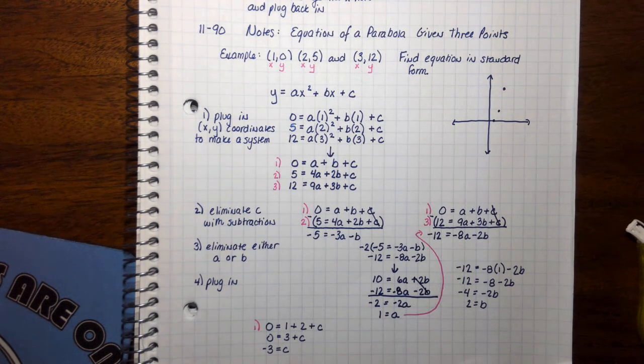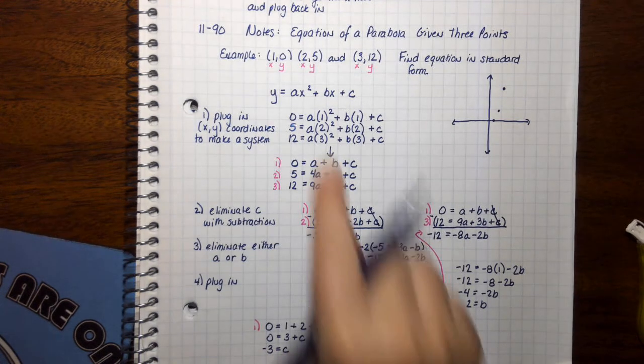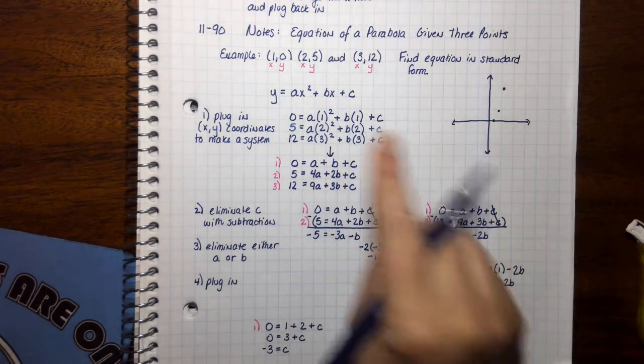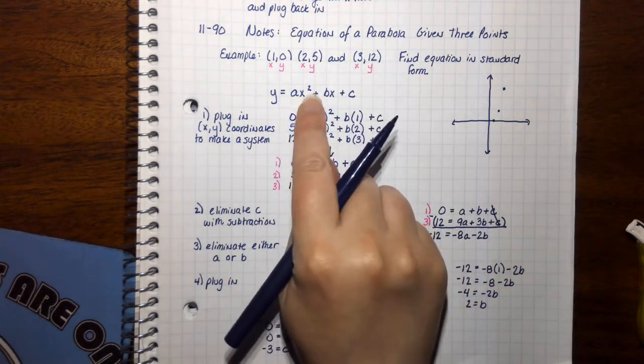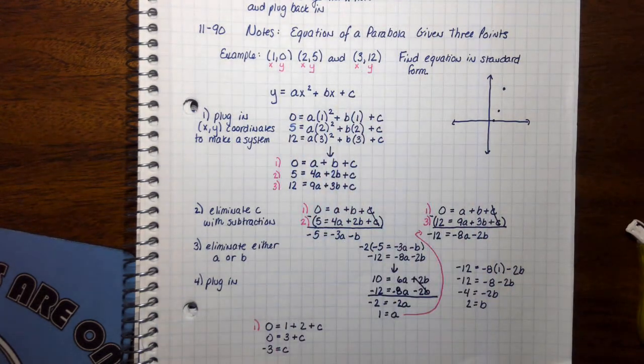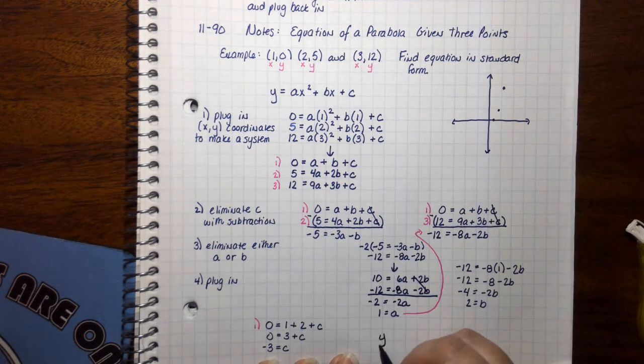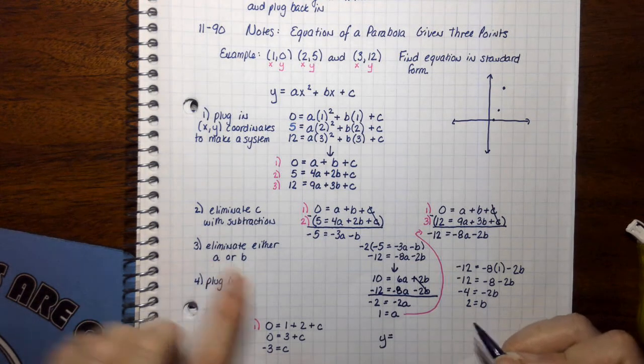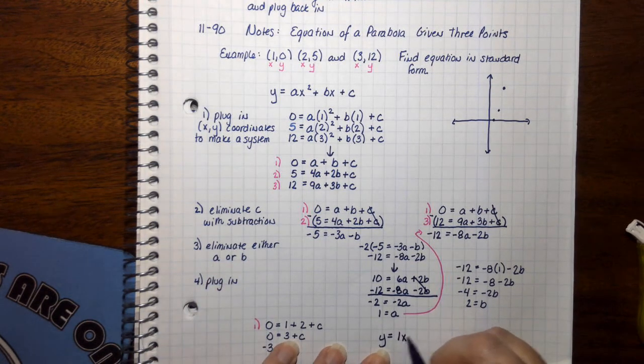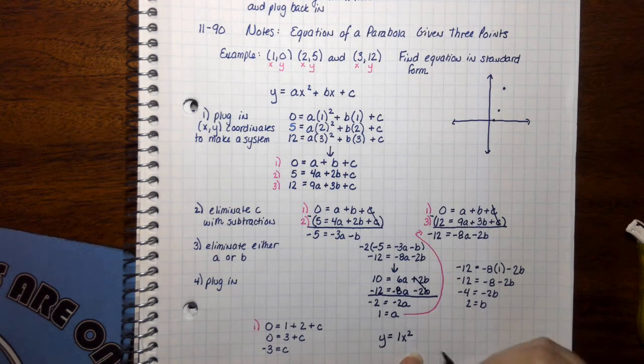Okay. So this is not the final answer. I do have what A, B, and C are, but what I need to do for my last final answer is take A, B, and C and plug them into the standard form so that I can see the equation of the line. So y equals 1x squared, ax squared, plus bx plus c, and I'm going to put minus that.